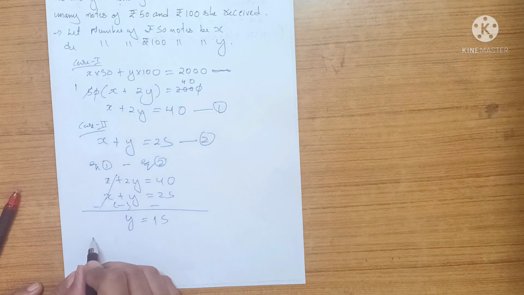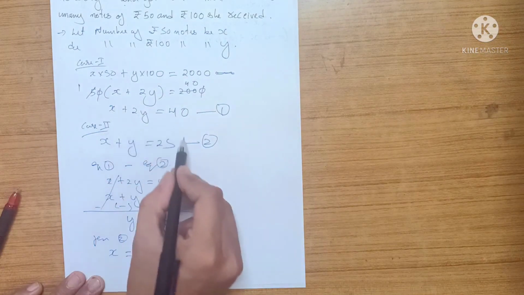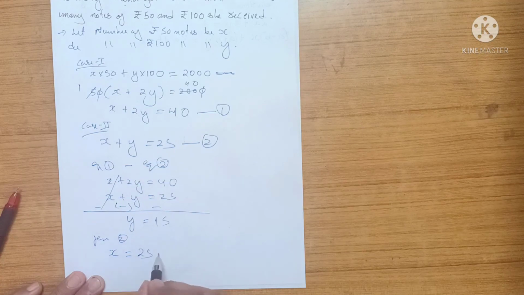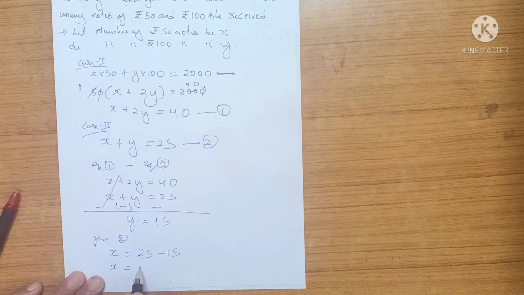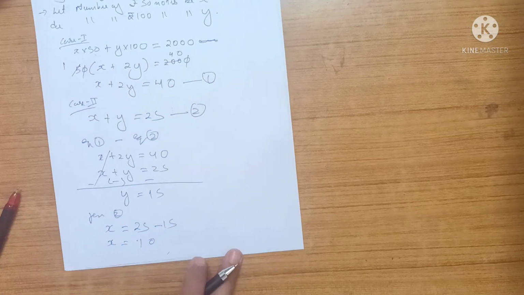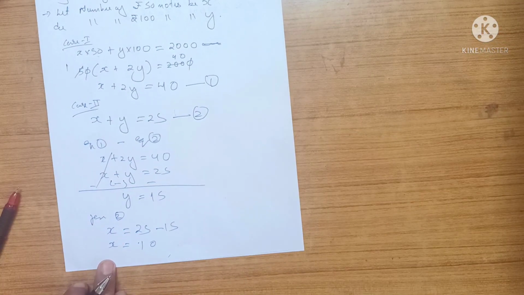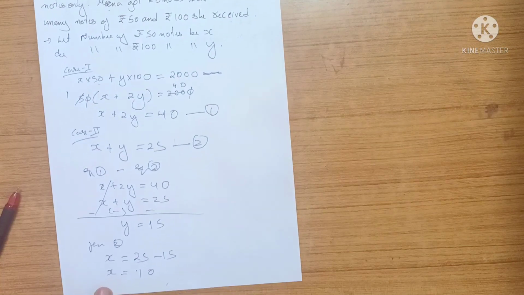I'll put it in equation 2: x plus y equals 25, so x equals 25 minus 15, which is 10. So that's it. She got 10 50 rupees notes and 15 100 rupees notes. Okay.